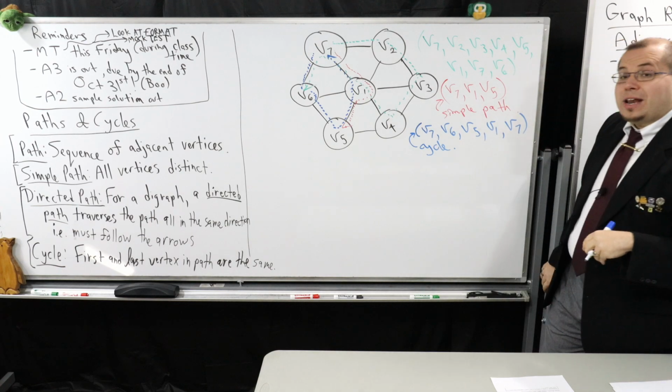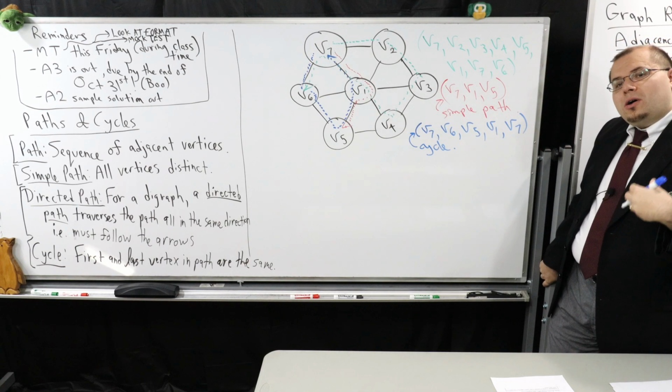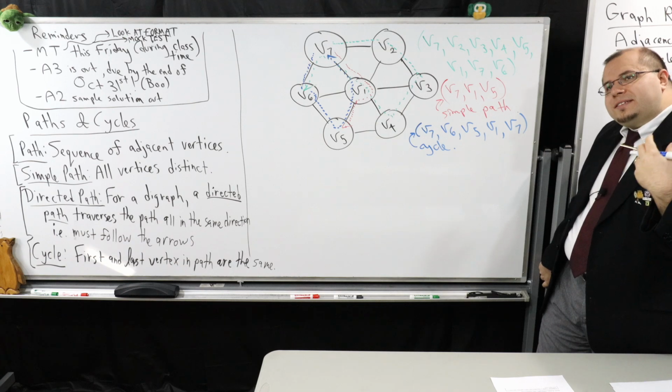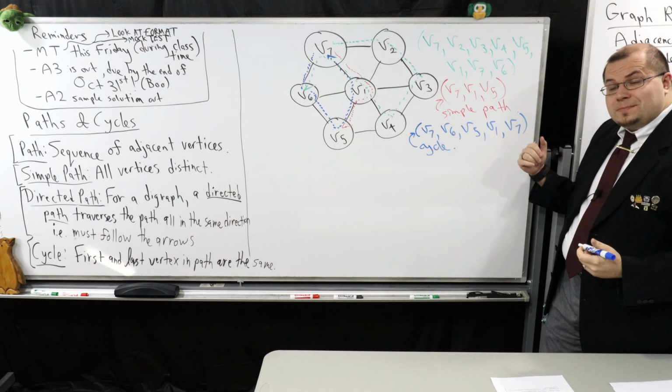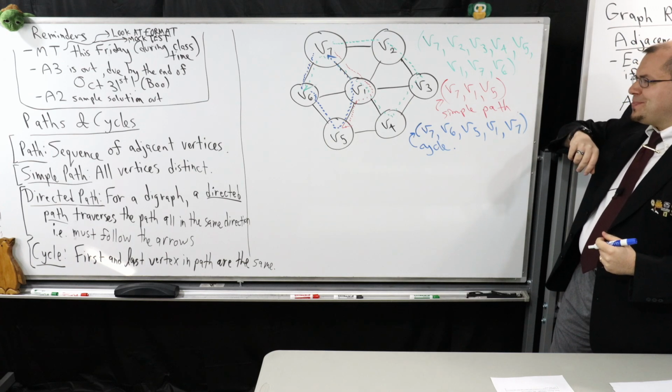And likewise, you can have a simple cycle. That's where all the vertices in the cycle are distinct. So, for example, is this a simple cycle? Can somebody tell me yes or no?